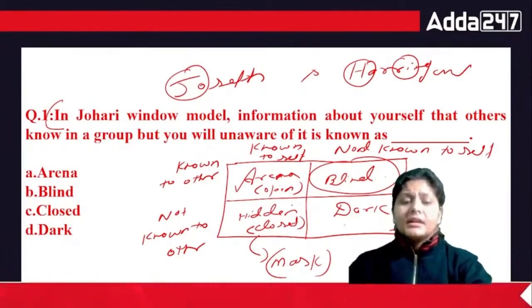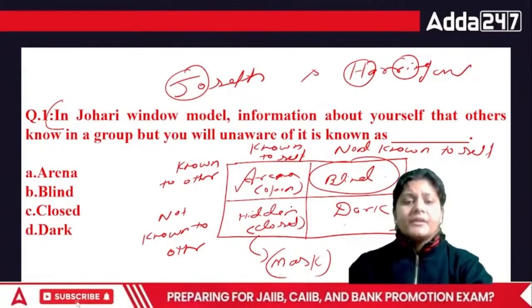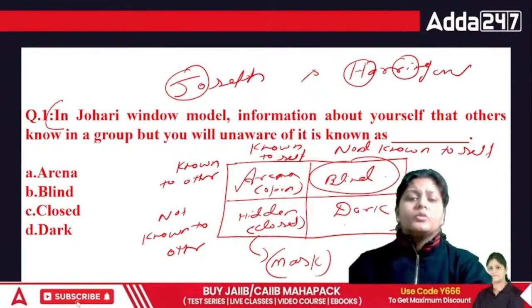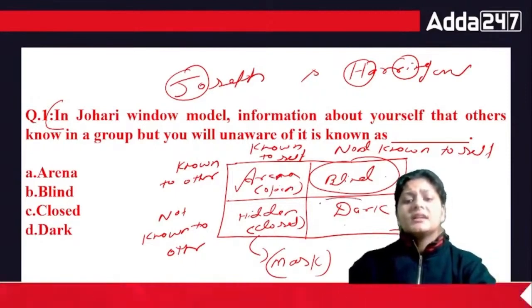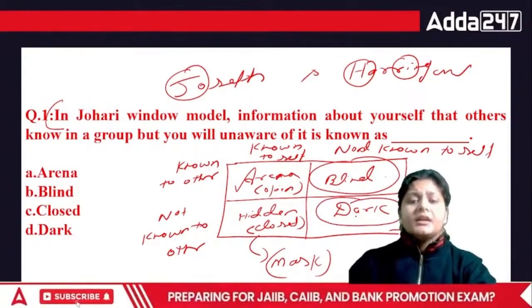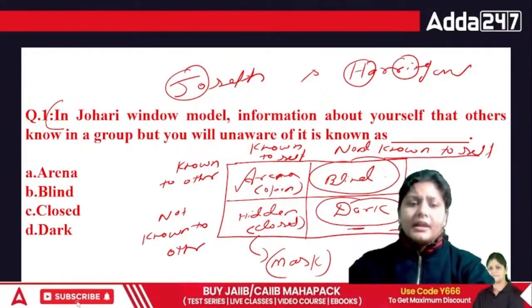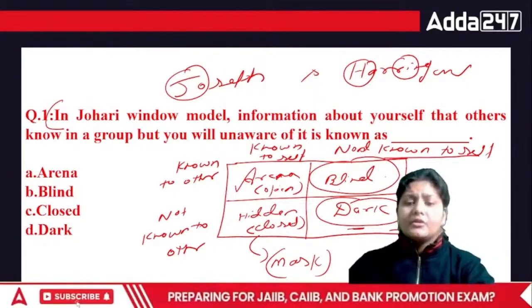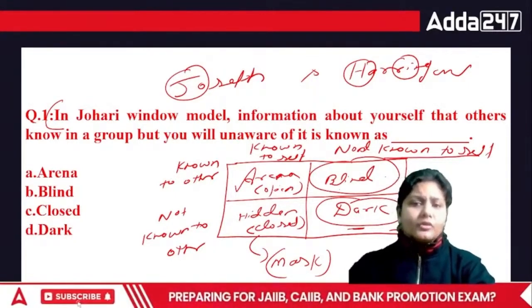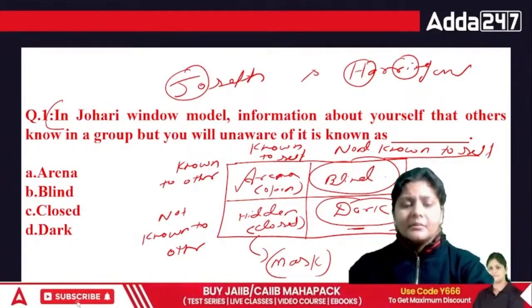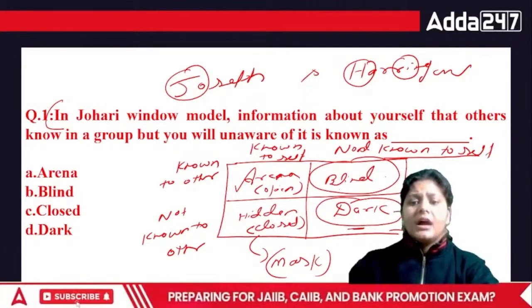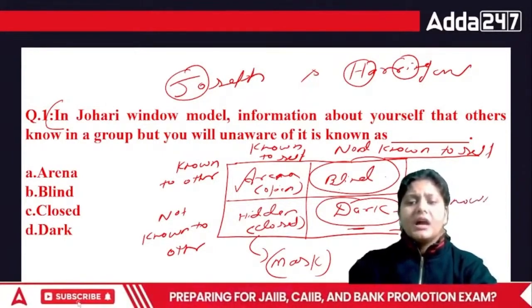The third area is the hidden area, the closed area, where the information is not known to others and known to self. Then the last area is the dark area, where the information is not known to self and not known to others. That means even others don't know about you and even you don't know about yourself. So that is the dark area, a completely unknown area. We call it the unknown area also.